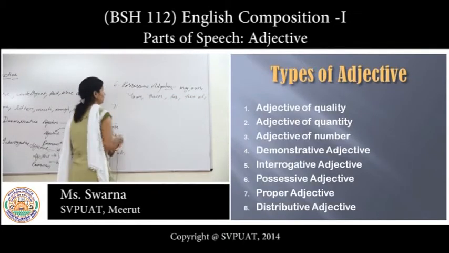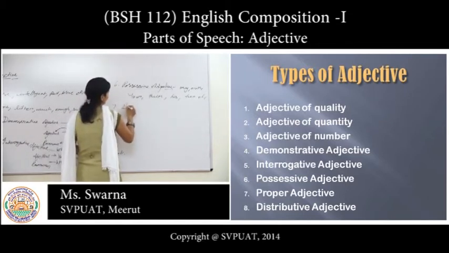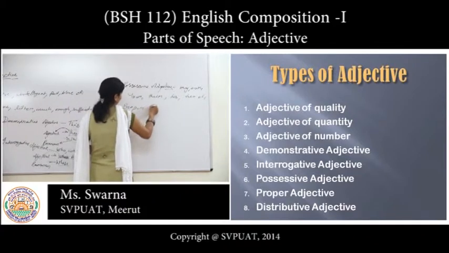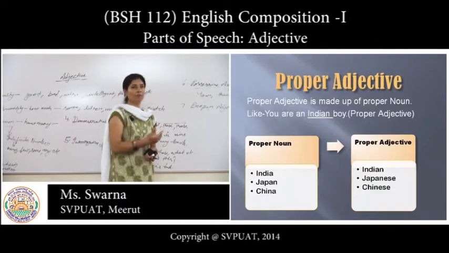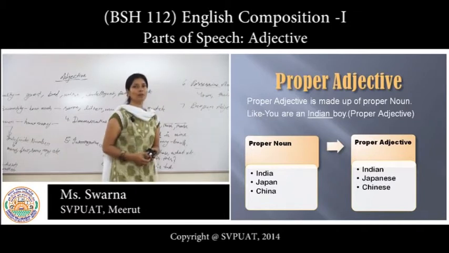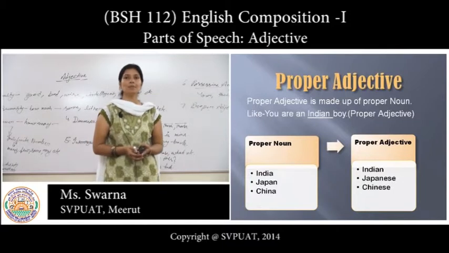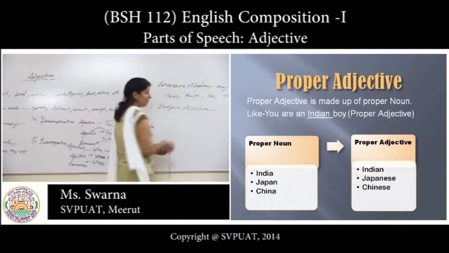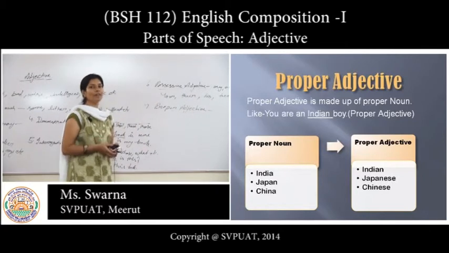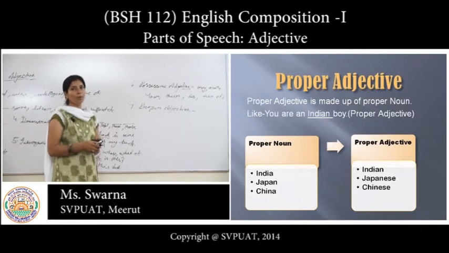The next type of adjective is the proper adjective. This type of adjective is made up of a proper noun, because we use a particular name for any person, place or thing in a proper noun. So in a proper adjective, we use the proper name for qualifying any noun or pronoun.